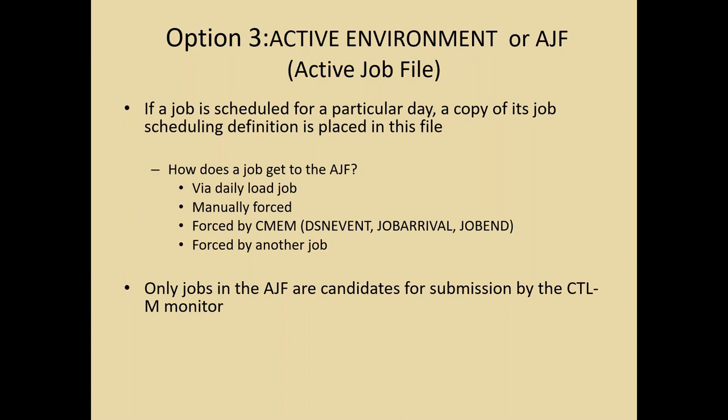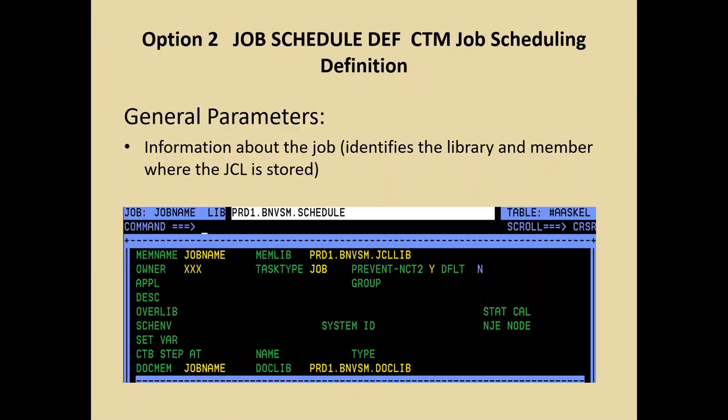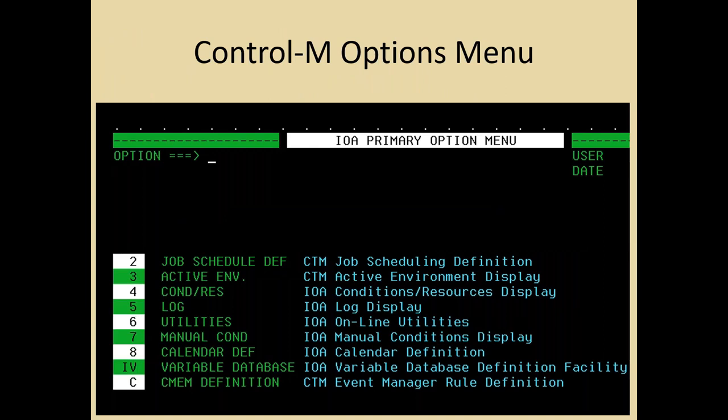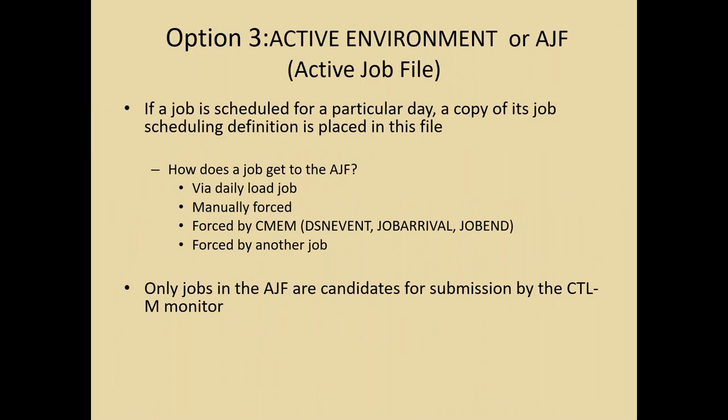Whatever jobs are there in AJF, that is option 3, the active environment, only those jobs you can restart, force complete, or hold and delete. Only jobs which are there in AJF. You cannot hold and delete anything from your schedule library and tables. You will not have access there, and you cannot delete.